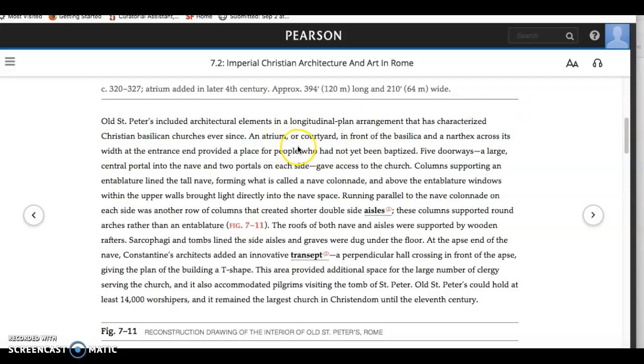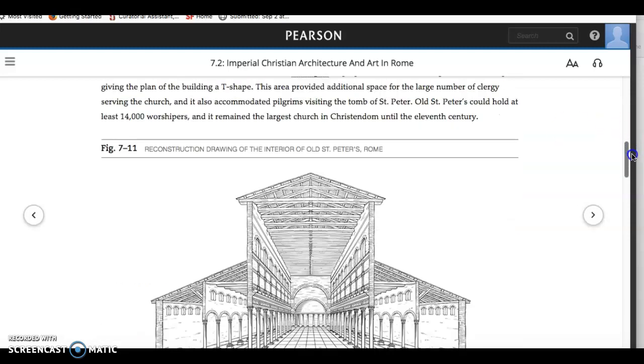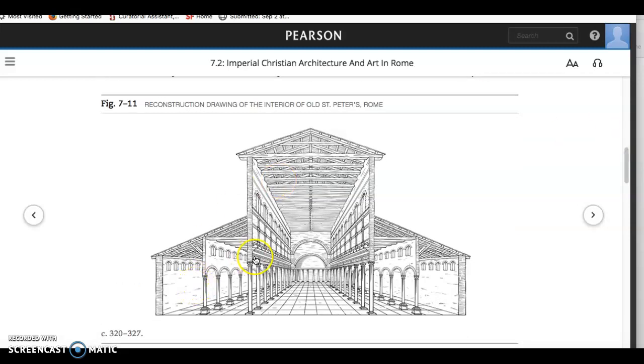Let's look at some of the terms that are going to make it feel hard to read, feel unwelcoming. If you come down here, they say columns supporting an entablature lined the nave, forming what is called a nave colonnade. Let's look down here at figure 711.